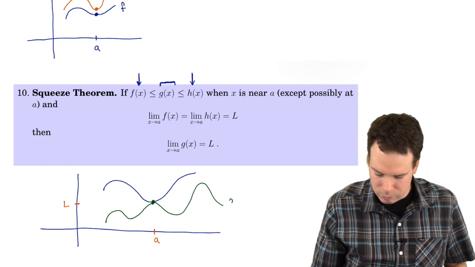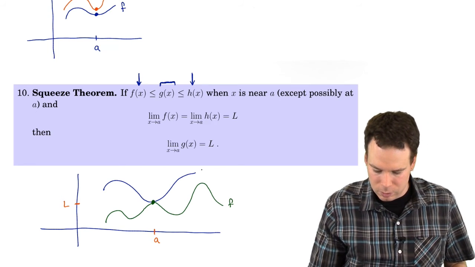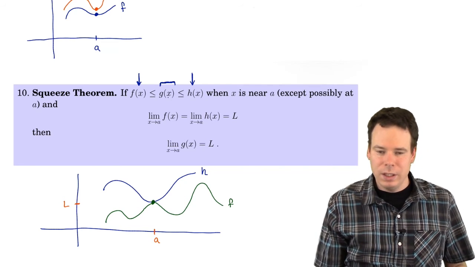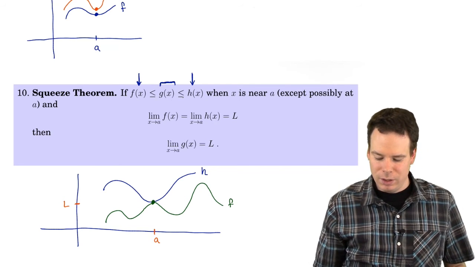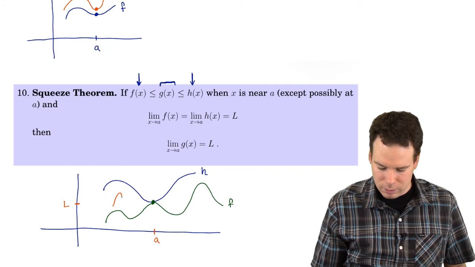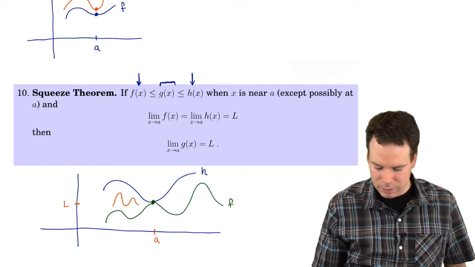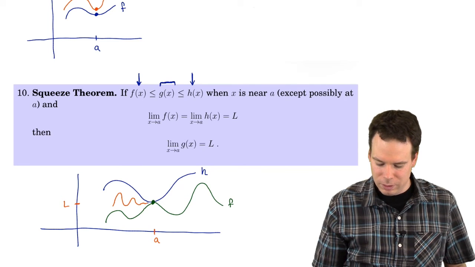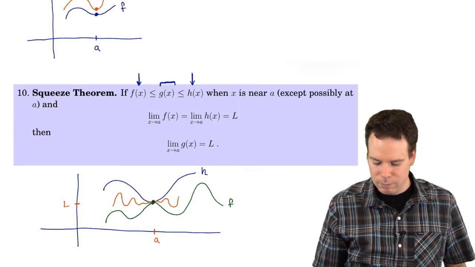So again, this one was f, and this one was h. g is trapped between f and h near a, so it does something like this. Now if it's trapped between them, there's only one place it can go. It has to pass through that same value.